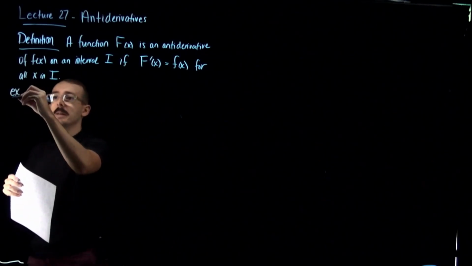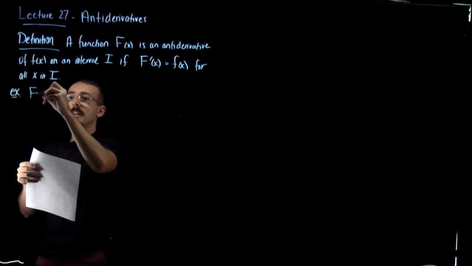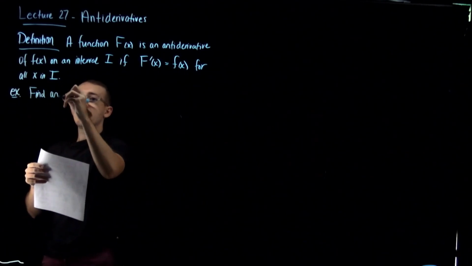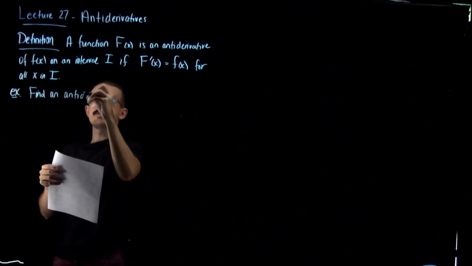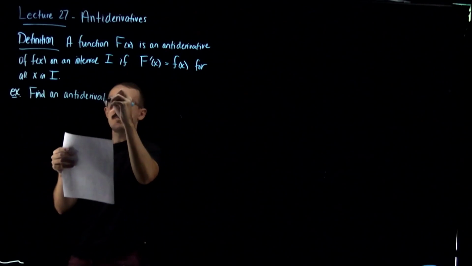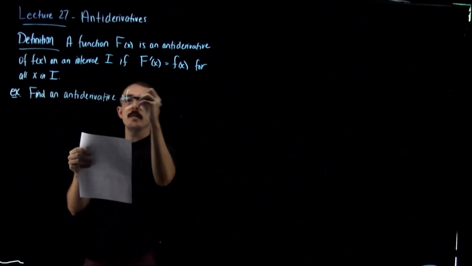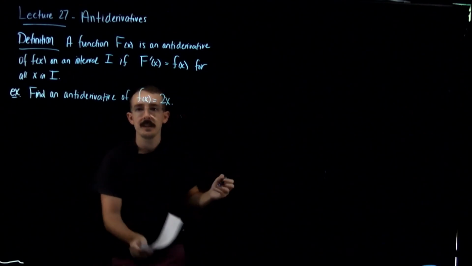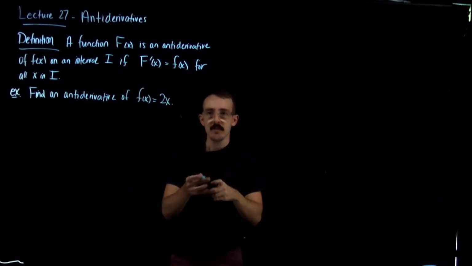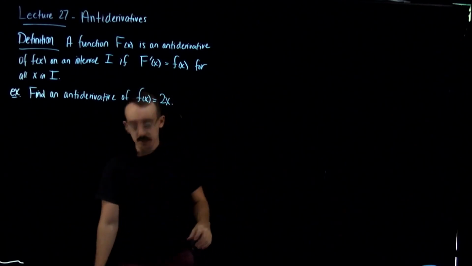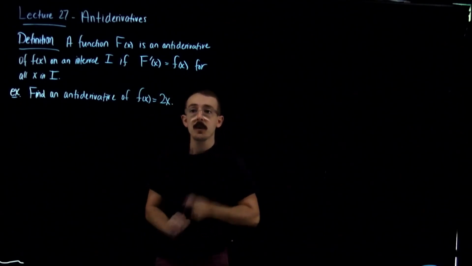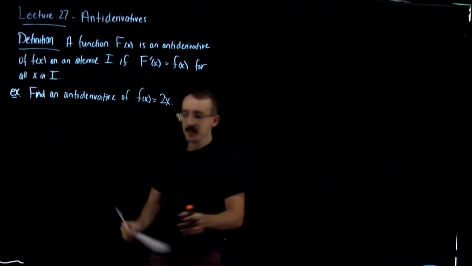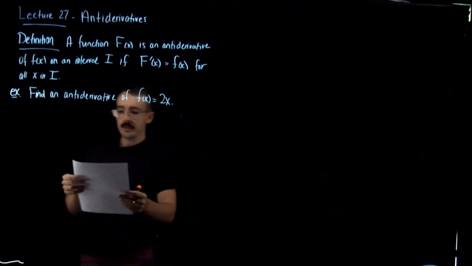So let's do an example. We're going to find an antiderivative of f of x equals 2x. So that's our goal, is to find an antiderivative of f of x equals 2x. So we're looking for capital F here. So what's something I could use?